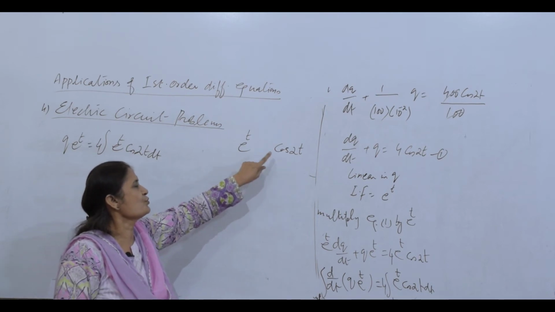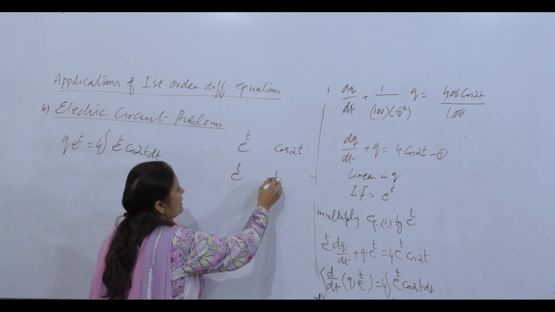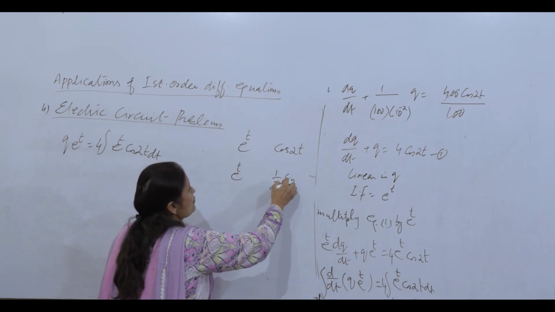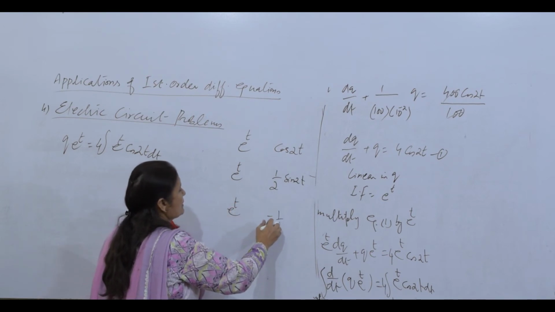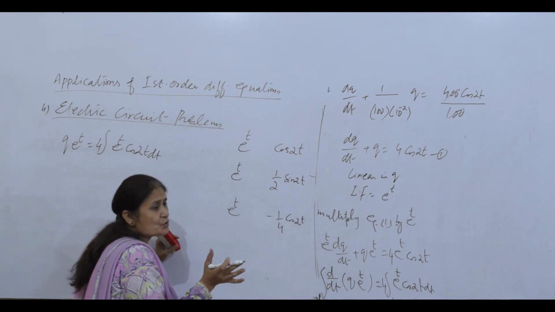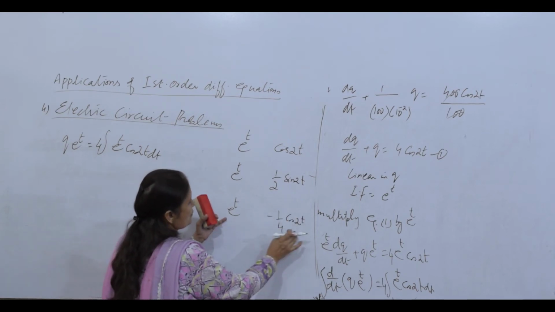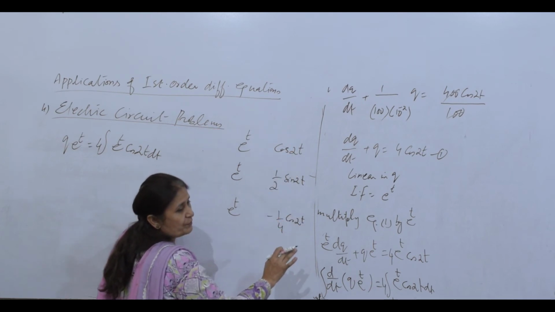Here cos 2t, derivative on the left; integral on the right, 1 over 2 sin 2t. Again the derivative, and the integral, 1 over 4 cos 2t.